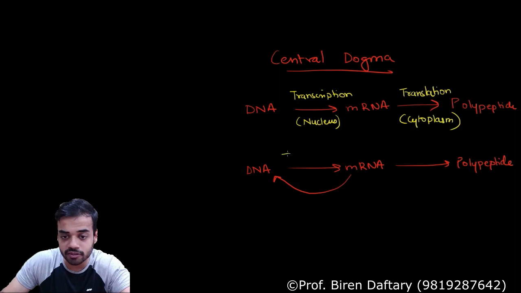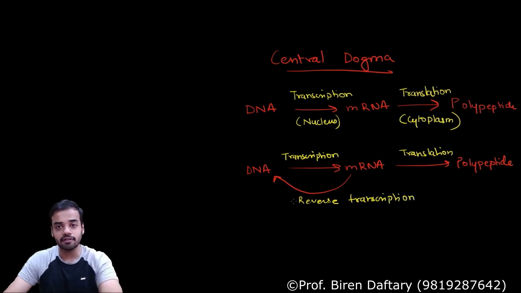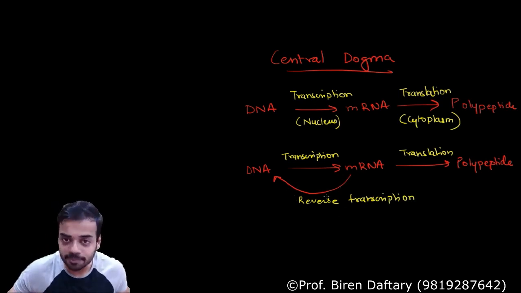So I will write down the processes over here. This is transcription, this is translation, okay, and this is called as reverse transcription. Reverse transcription means mRNA is getting converted to DNA, correct? Okay, and I think I had told you that the name of the enzyme over here is called as reverse transcriptase.